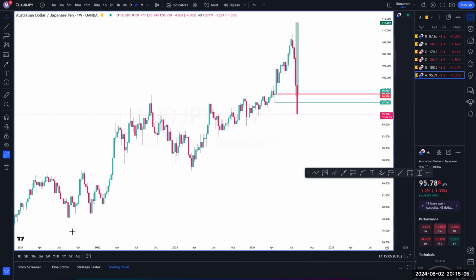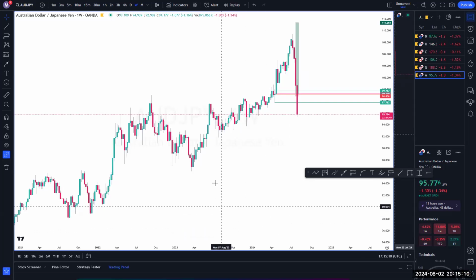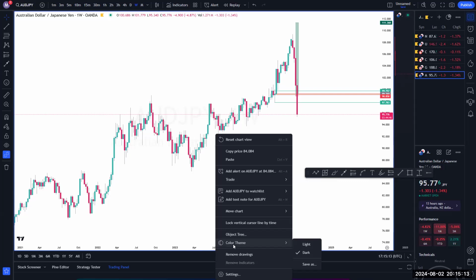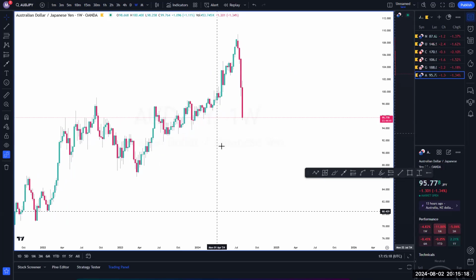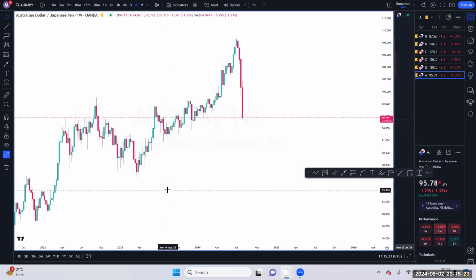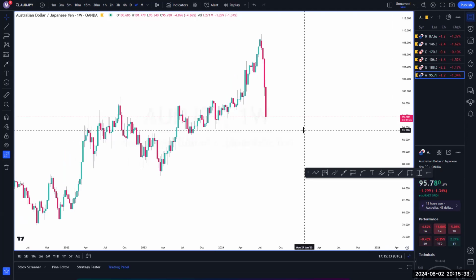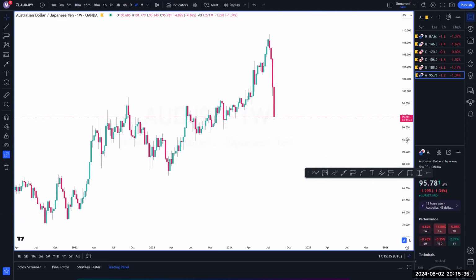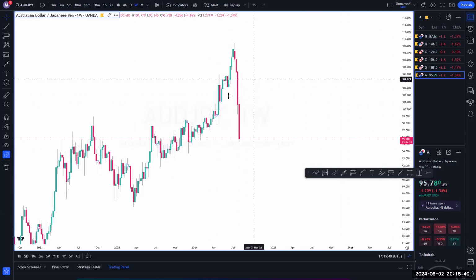You can just click it to bring it. Okay. Observe the structure here on AUD JPY. This is the structure we are having on AUD JPY. You see how it's currently moving on.